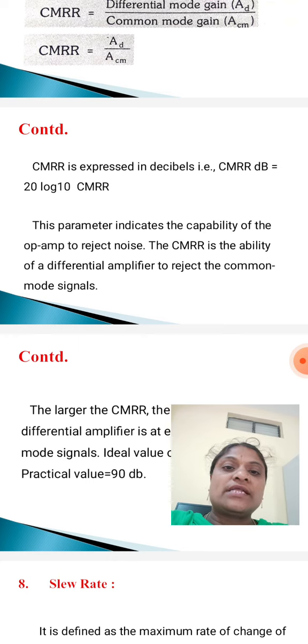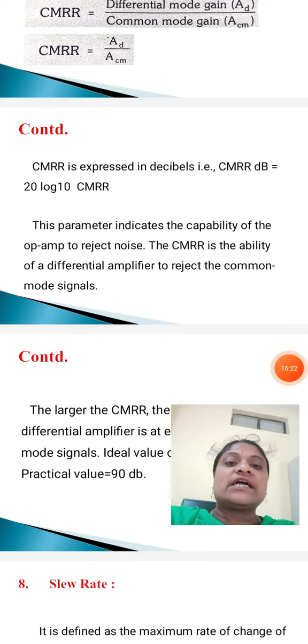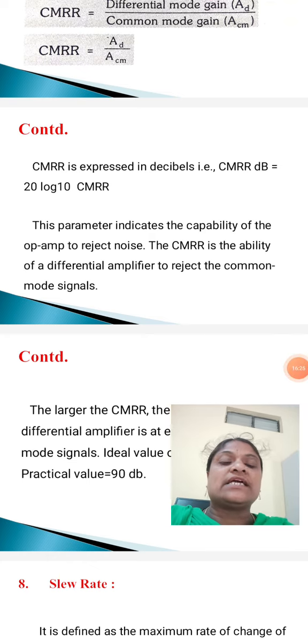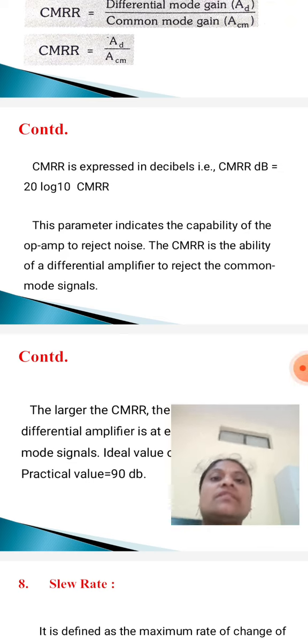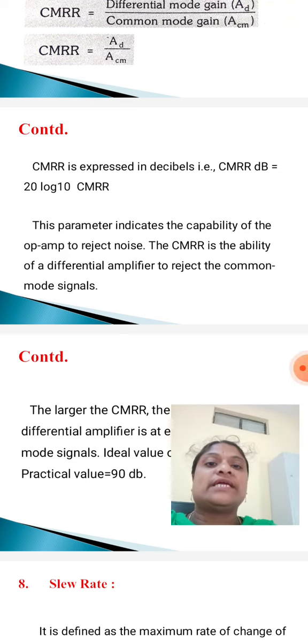The CMRR is the ability of a differential amplifier to reject the common mode signals. I repeat this point again. We know the formula for CMRR: CMRR is equal to AD by ACM.